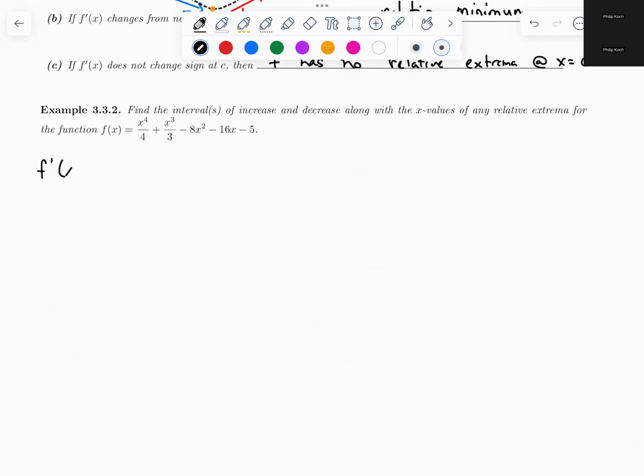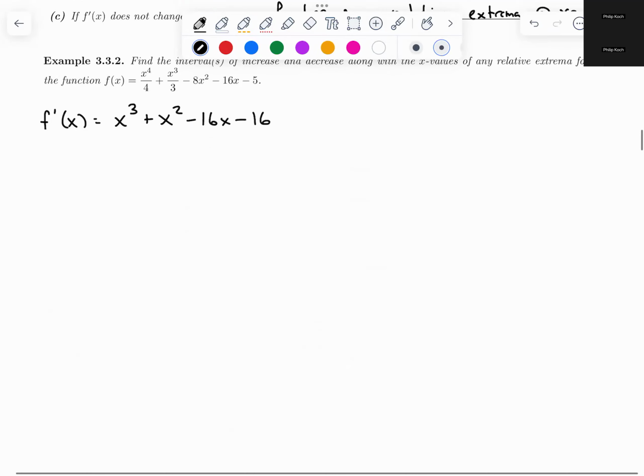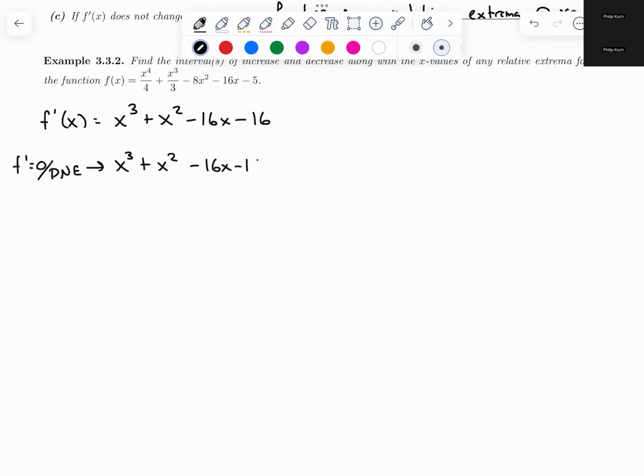So f prime of x would be x cubed plus x squared minus 16x minus 16. And we'll find where the derivative equals 0 or does not exist. So that's x cubed plus x squared minus 16x minus 16 equal to 0.